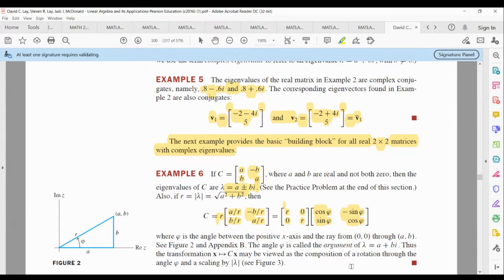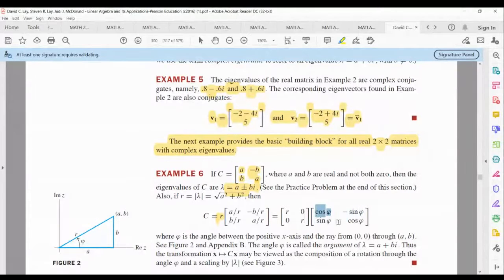I believe it's varphi. The angle varphi. Let me just go right to here. Hold on. Okay, so let's see. I got to make sure what I want to highlight here. I know what I want to do. I just want it to be right.